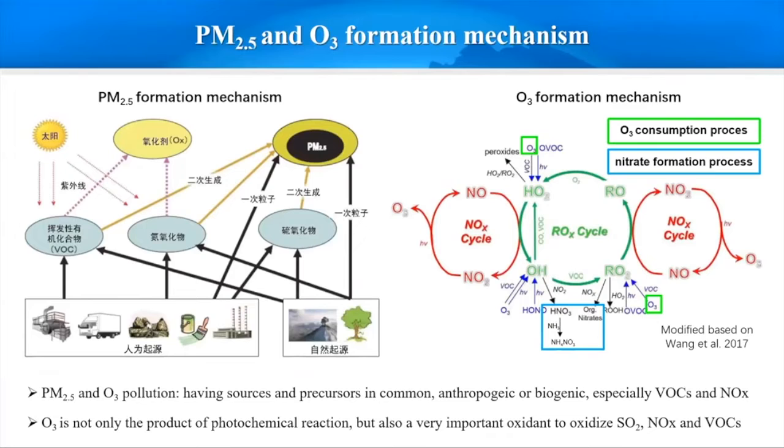Actually, I would like to start with the PM2.5 and ozone formation mechanism, because in these 2 charts we can see that PM2.5 and ozone pollution both have similar sources and precursors in common. For example, the anthropogenic sources, including industrial and mobile sources, heating emissions, and household emissions. Both also have emission sources from biogenic sources, including vegetation.